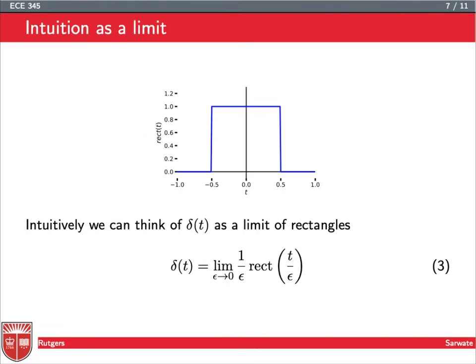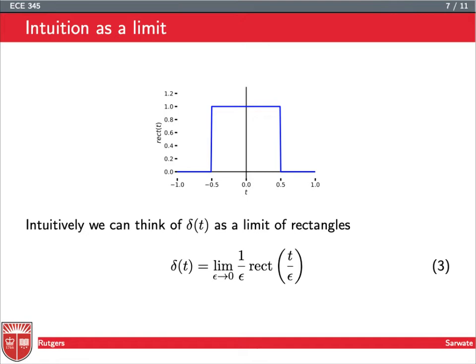So how do we think about the delta function? Well, we can think about it intuitively as a limit of rectangles. We want to have a unit area squished in all the way at only time 0. So we can think of the rect function, and we can squish it and squish it and squish it, but as we squish it, we make it taller and taller, so that we maintain a unit area under the rectangle.